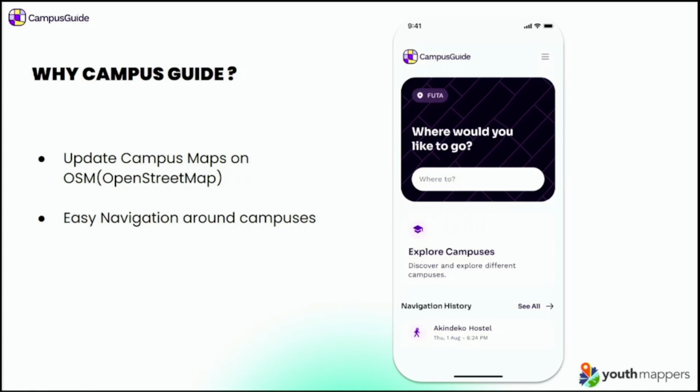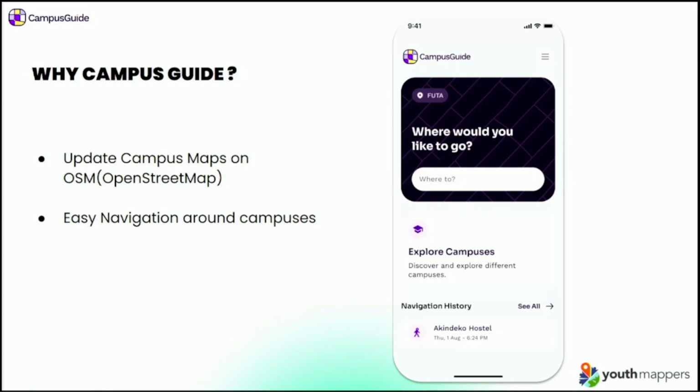So we have all of these data gaps, and this makes navigation apps that use OSM not make sense, because some of these OSM navigation apps use different APIs to search the name of buildings, the address, and OSM tags as well. In order to bridge that gap, I thought of this Campus Guide.